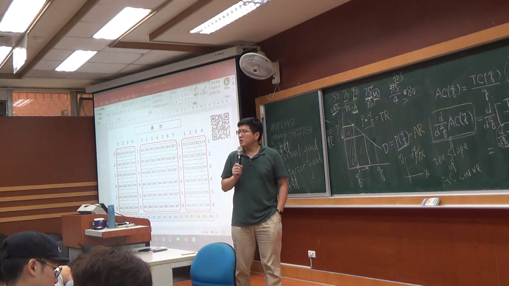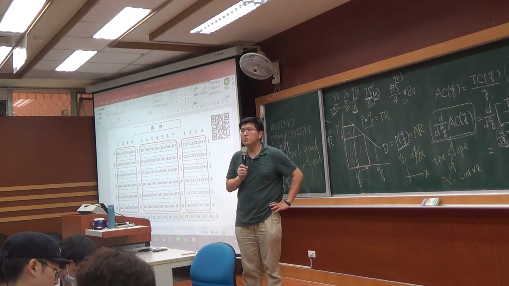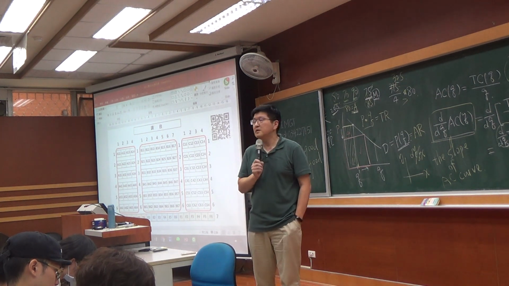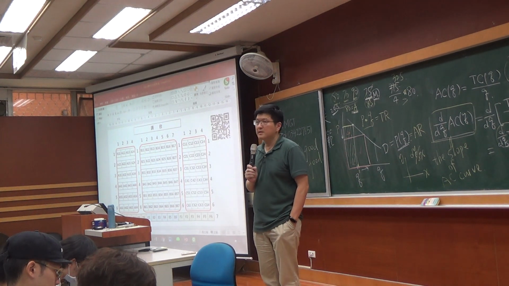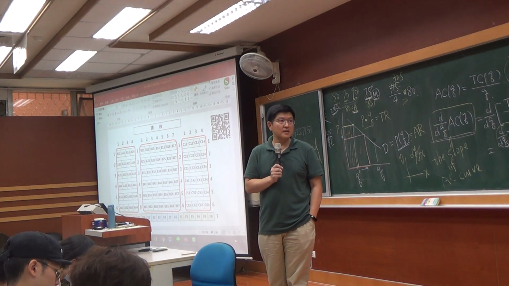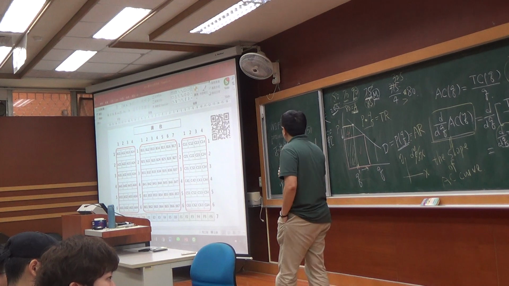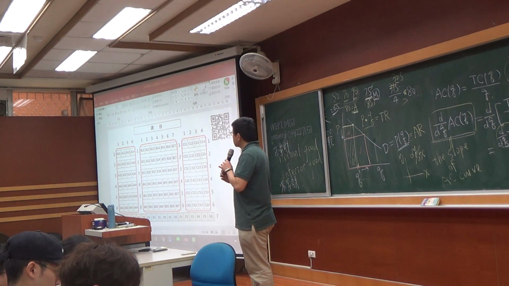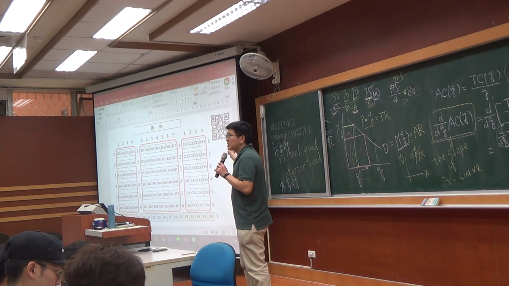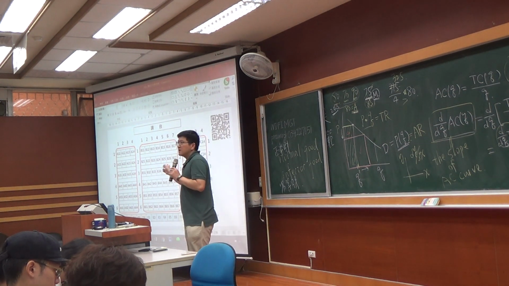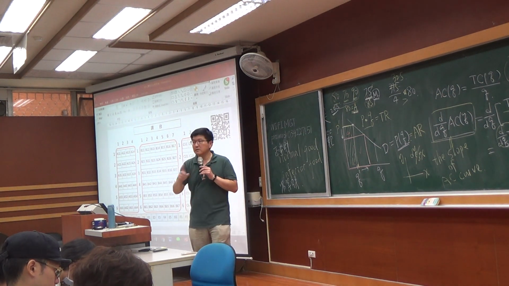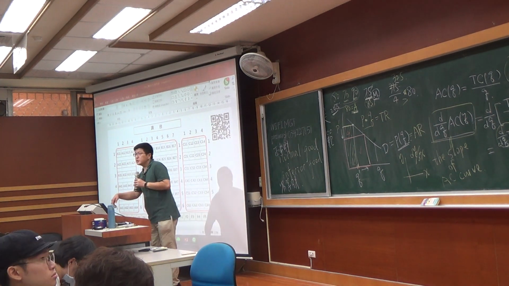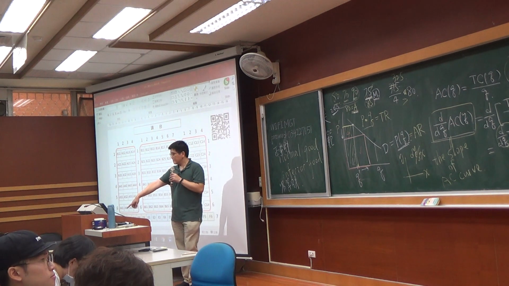So that I would know who of you are in the class today. Any difficulties in scanning the QR code? If you cannot scan on the screen, you may go to the stage to scan here.